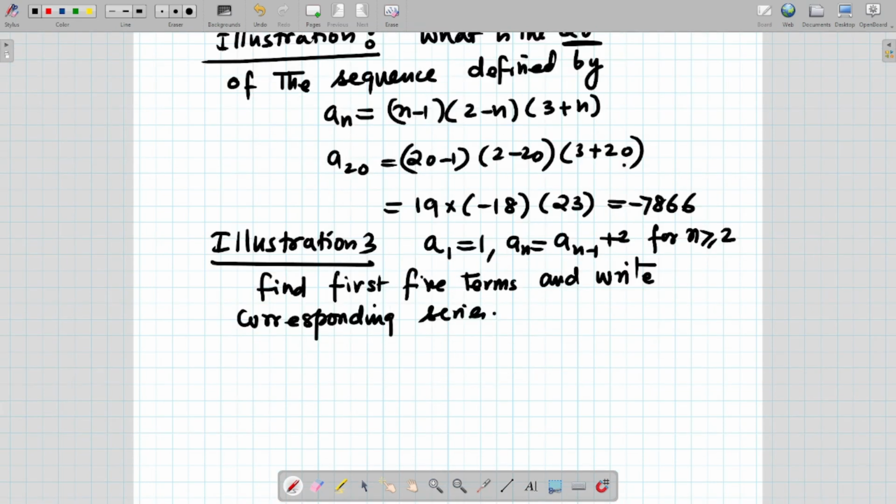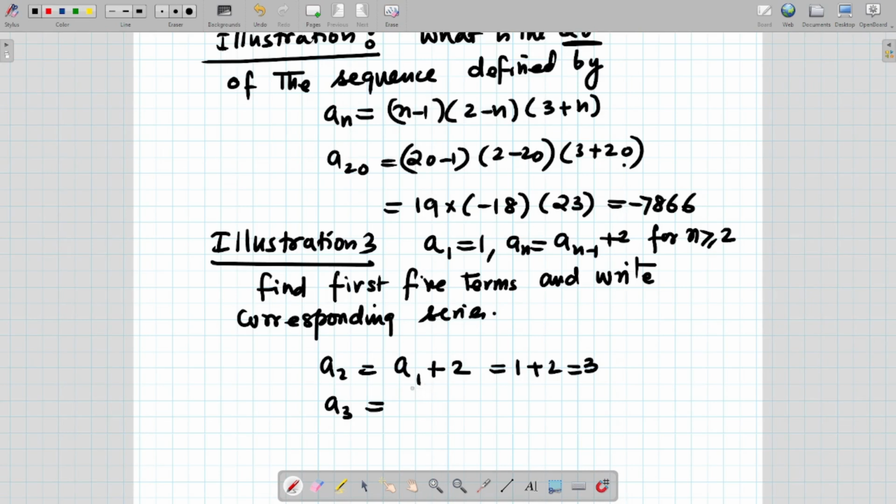So let's try to find what are the first 5 terms. We can begin with 2. Yes or no? So what will be my A2? It will be A2 minus 1, which is A1 plus 2. What is A1? 1. 1 plus 2 will be how much? 3. Now A3 निकालो. Use your pen and paper.